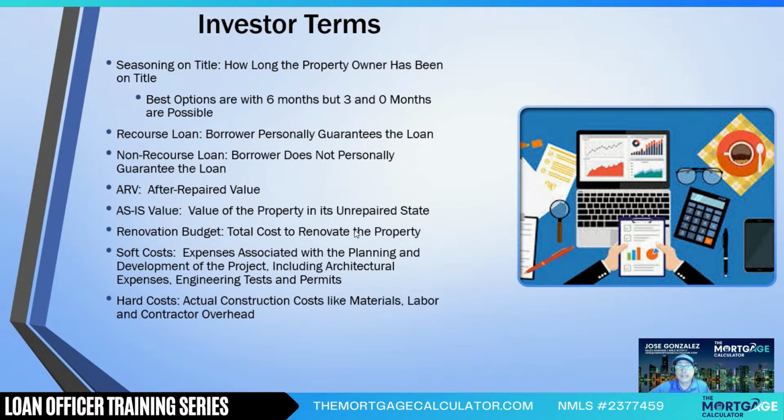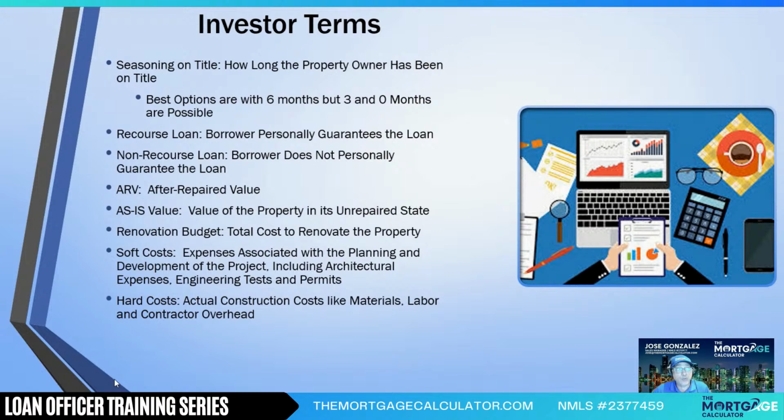Some may not show up on the borrower's personal credit report, but that has nothing to do with the loan not being personally guaranteed. That just means the loan servicer doesn't report to the credit bureau. So some DSCR loans have that benefit, and most of the fixed flip loans are that way. They don't report on the borrower's personal credit, but they all are personally guaranteed.